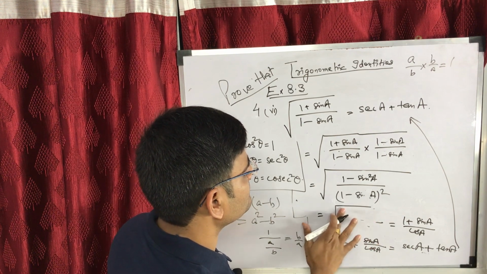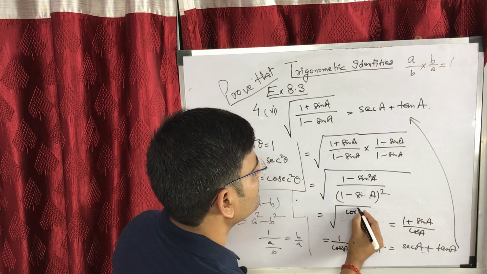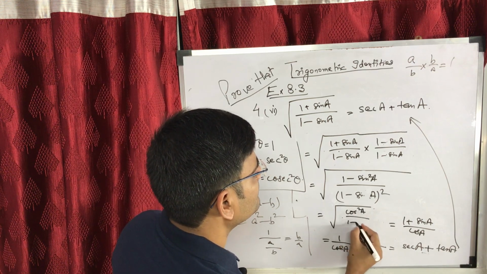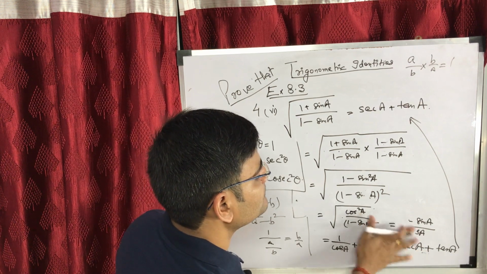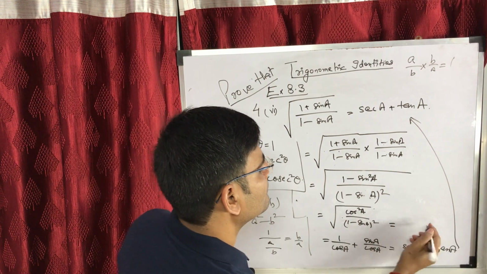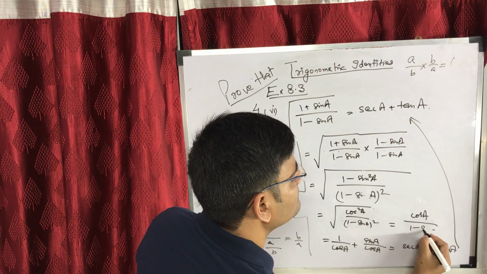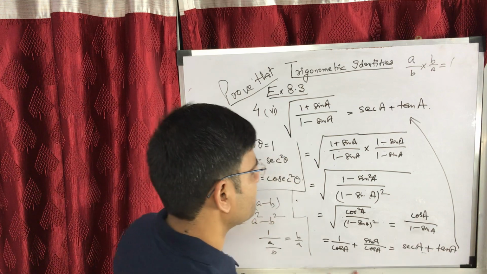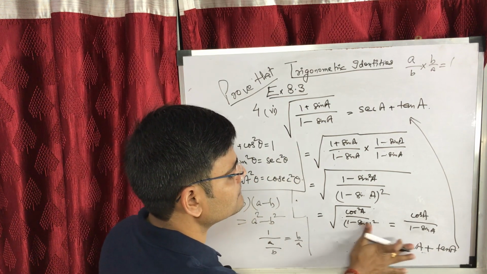Depending upon what is the RHS, what needs to be proved, this will become cos square A by (1 minus sin A) whole square, which becomes cos A by 1 minus sin A. And if this needs to be proved, you will have to take this approach.